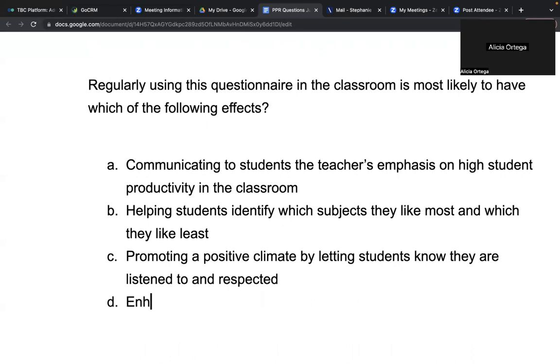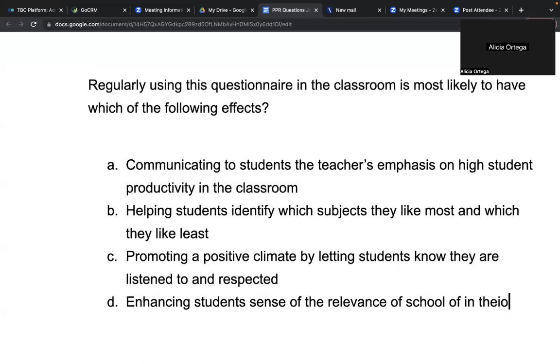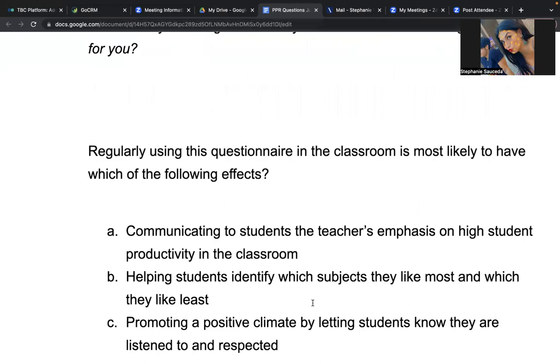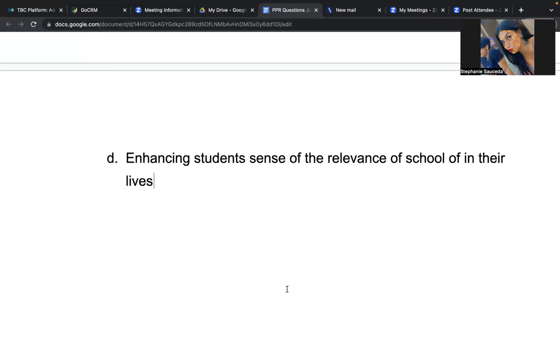D, enhancing students' sense of the relevance of school in their lives. Hold on, I'll move the whole thing down. Oh, it's all on the same page.